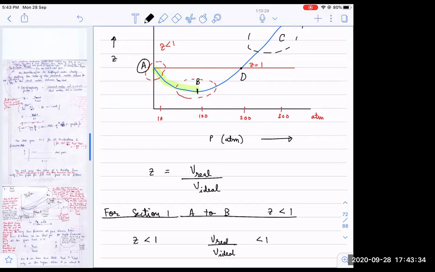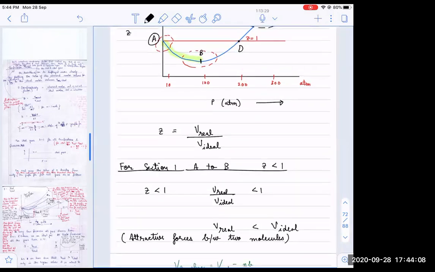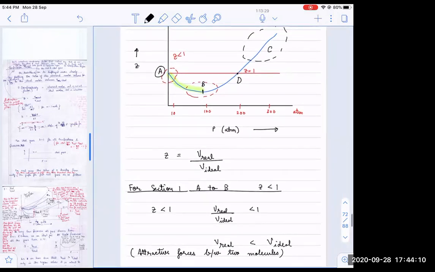It means that V real is always less than V ideal. Why is that? It is due to the presence of attractive forces between two molecules of gases. So at any particular pressure, when you measure the two volumes, V real and V ideal, V real will always be small.